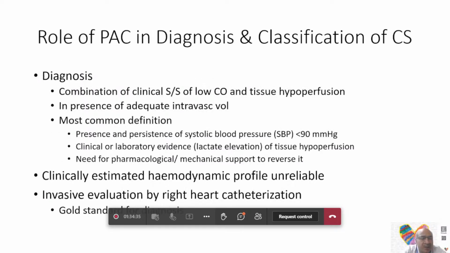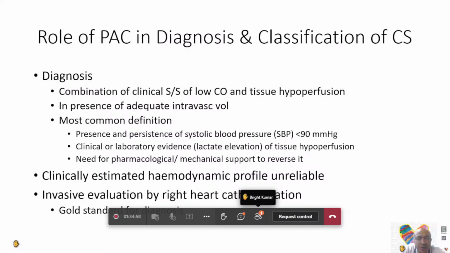The role of Swan-Ganz is that it can help us to diagnose and classify cardiogenic shock. Cardiogenic shock is diagnosed as a combination of clinical signs and symptoms of low cardiac output, hypotension, and adequate intravascular volume.